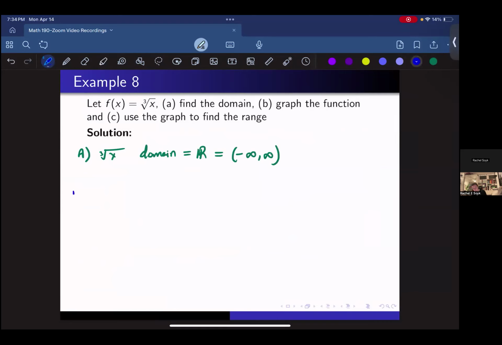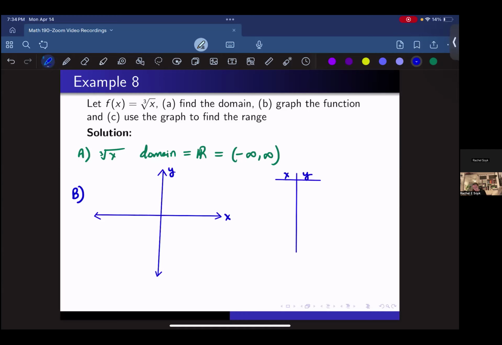Part B asks us to graph. So let's create a nice, beautiful table off to the side. Choose some good values of x that we can plug into our function to calculate our y.